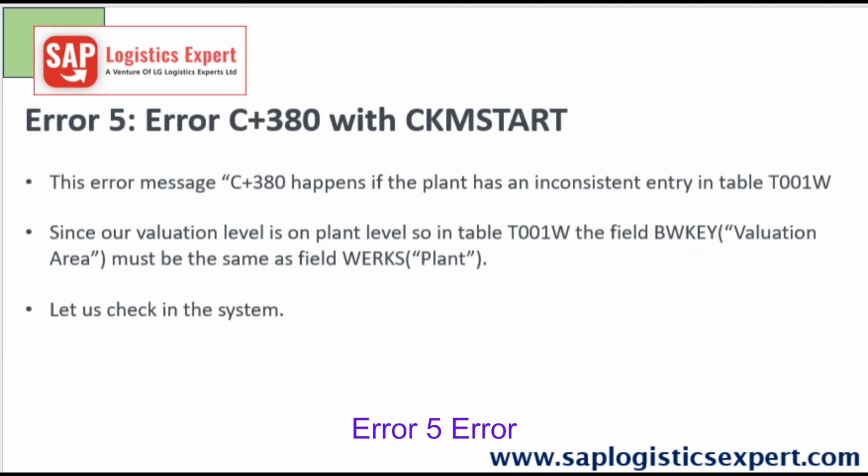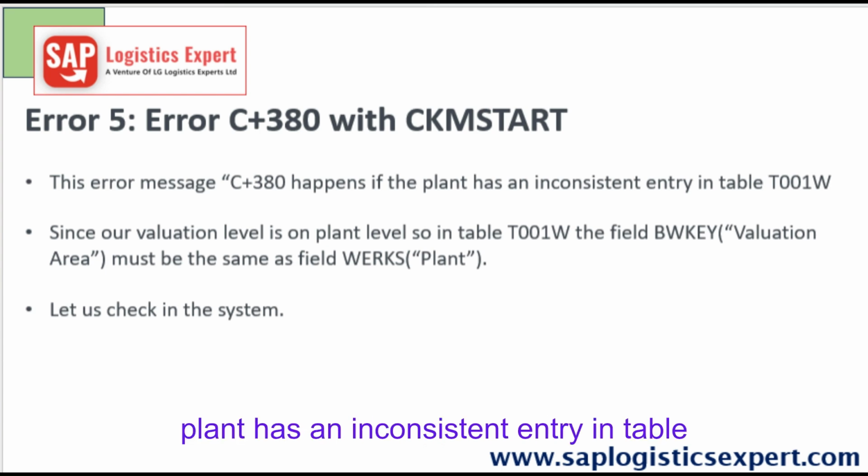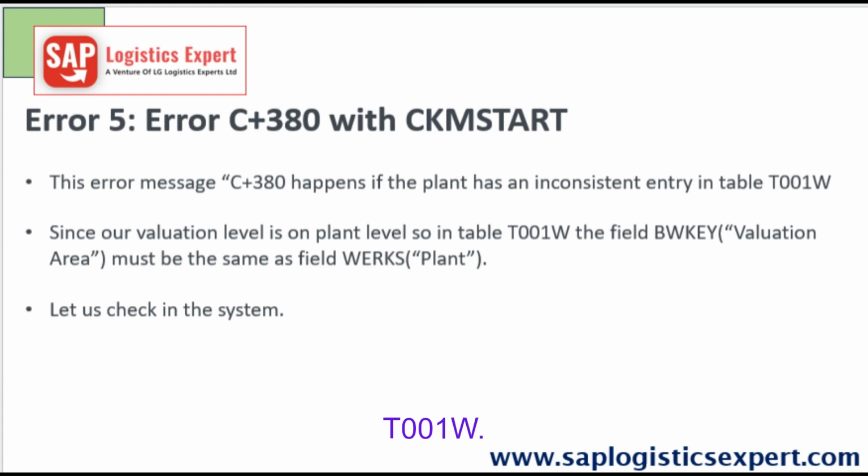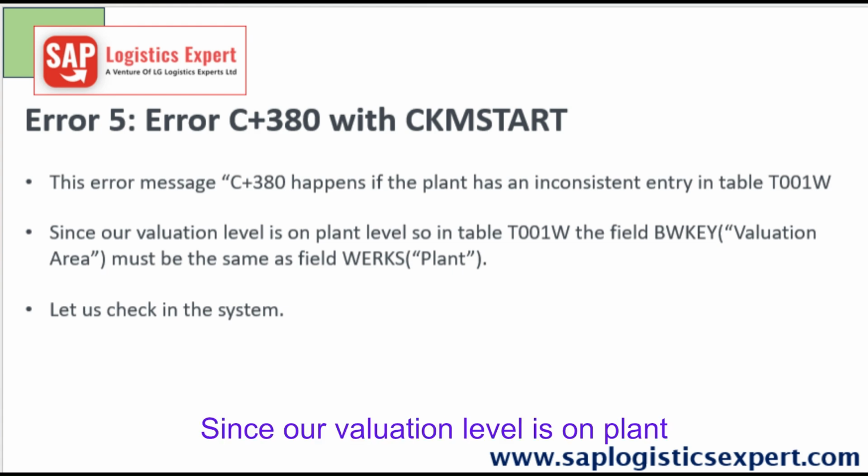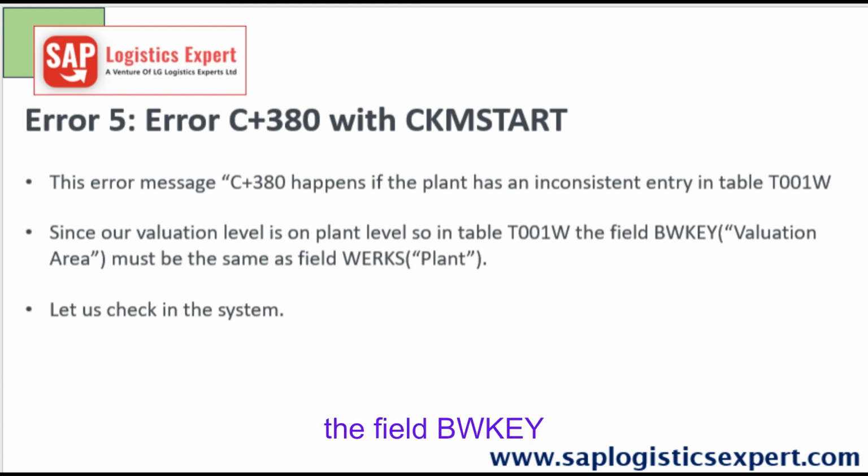Error 5. Error C+380 with CKMSTART. This error message, C+380, happens if the plant has an inconsistent entry in table T001W. Since our valuation level is on plant level, in table T001W the field BWKEY, valuation area, must be the same as field WERKS, plant.